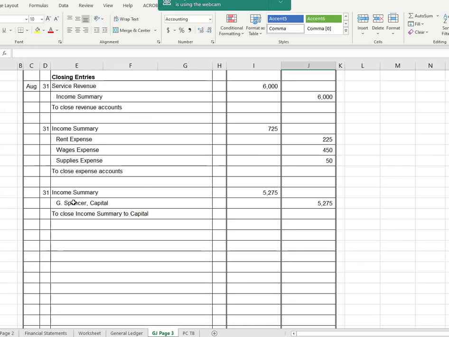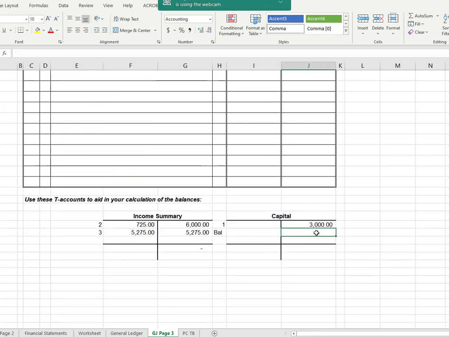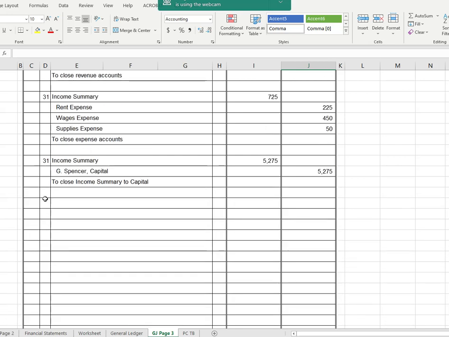In my journal entry here, I credited the capital account for $5,275, and we're just going to put that on hold here for a moment, because our last entry, our 4th closing entry, is to close owner's draws to capital.